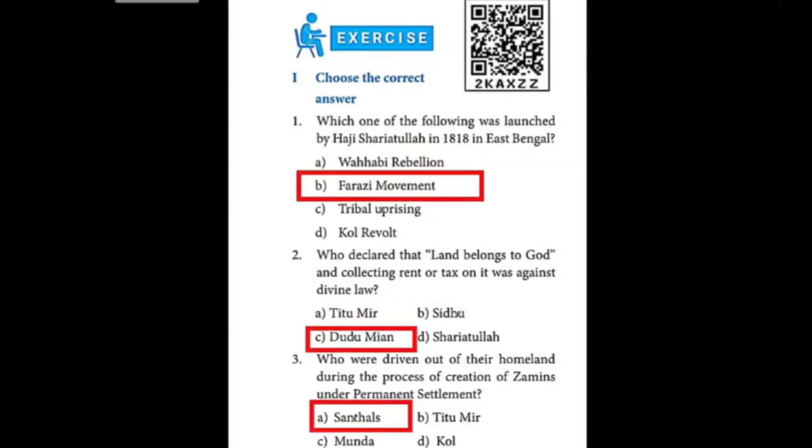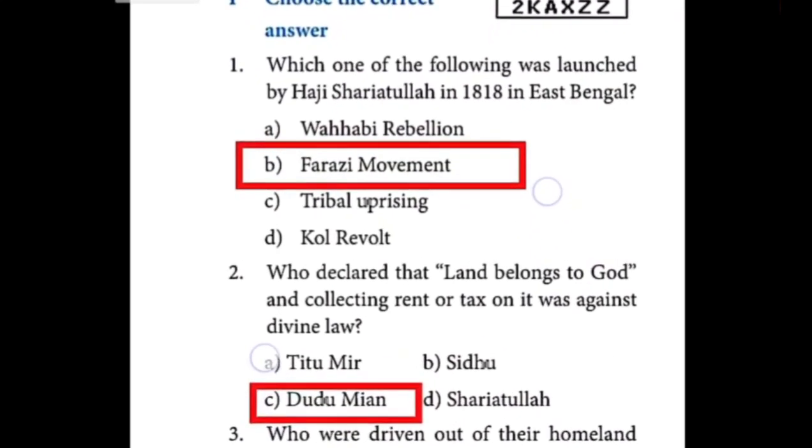Students, we can mark the question answers because last class I did not make you mark any questions. Take page number 86 and choose the correct answer. First one, Farazi movement.